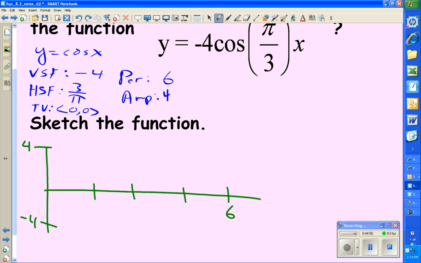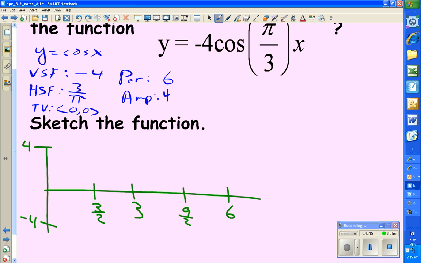What's here? 3. 3 over 2. And then halfway between these would be this plus this in this case. We don't always have that option, but it's going to be 9 over 2. It's the average of this one and this one. 6 plus 3 is 9 divided by 2, 9 over 2.